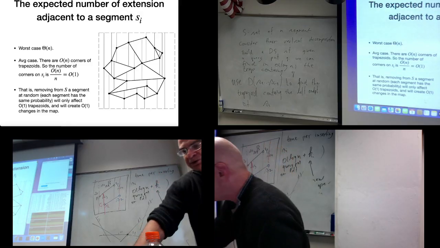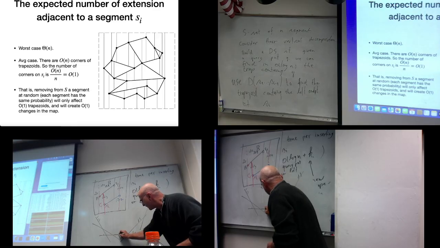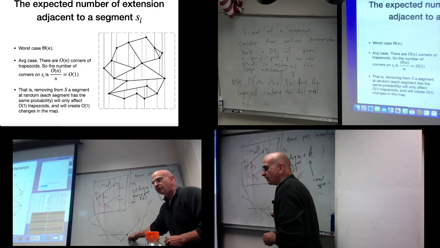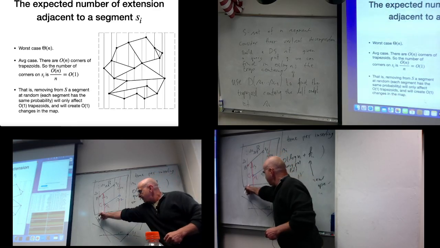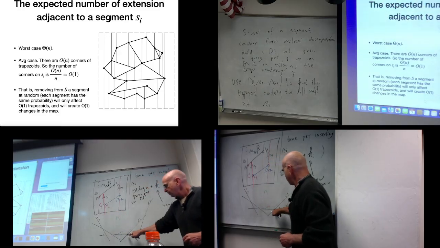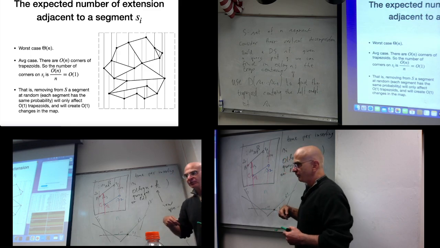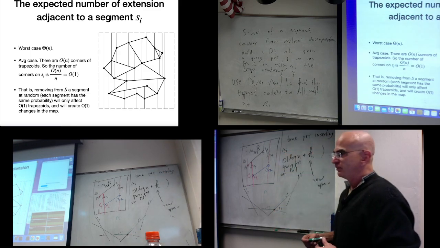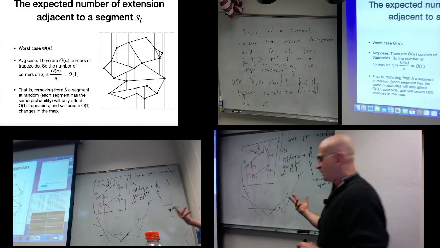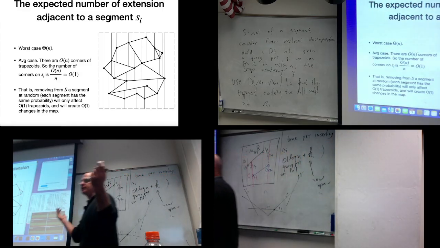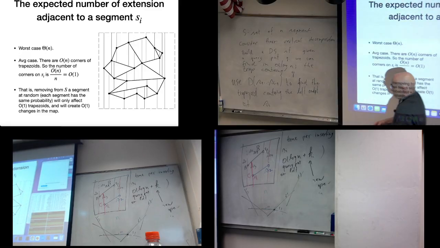The argument was, hey, there are only two half planes that touch the lowermost point. If there are n half planes, but only two of them determine the lowermost point, if I pick one and remove it, the chance that the lowest point will change is 2 over n, because there are two of them. In 3 dimensions, it was 3 over n. In d dimensions, it would be d over n.